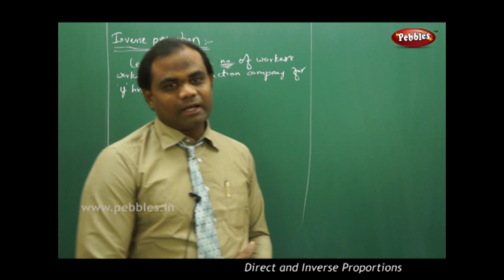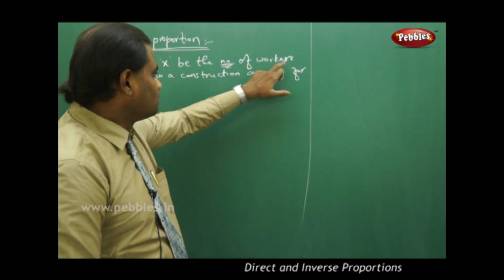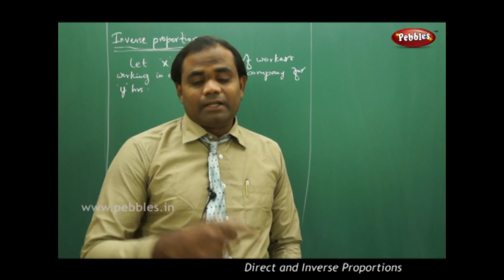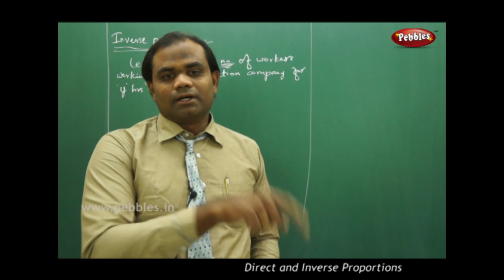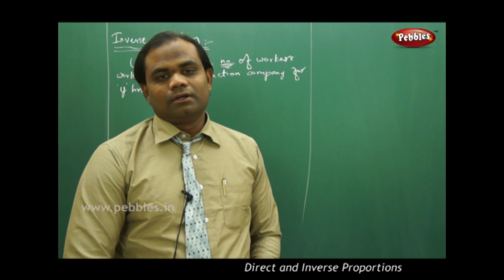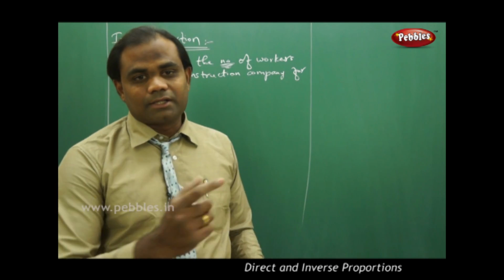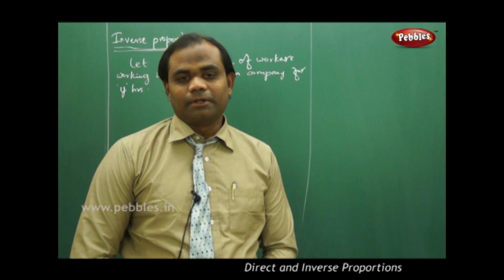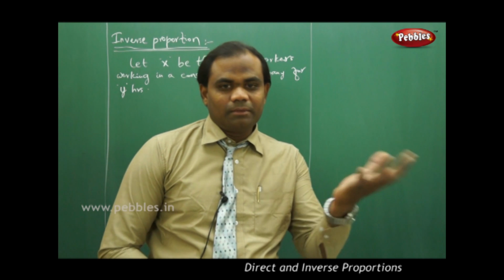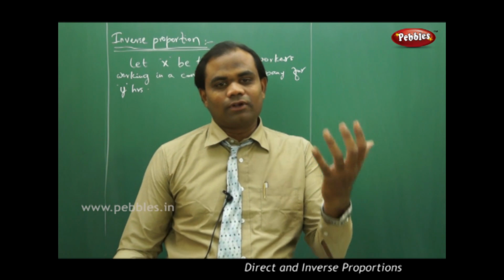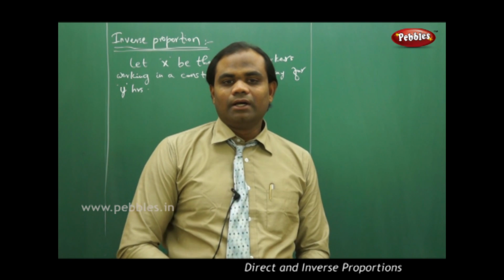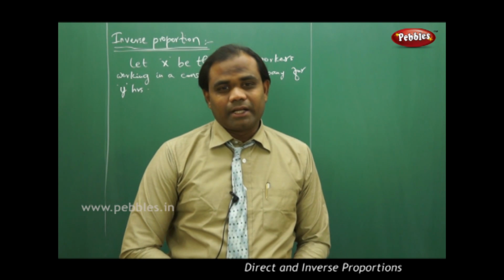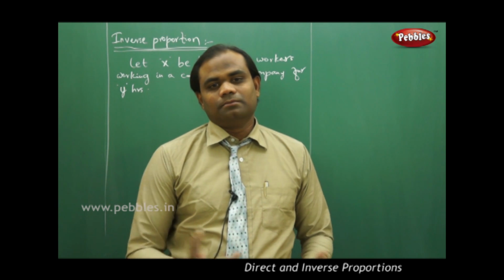Therefore, in case of this real life problem, I understand that more the number of workers working in a construction company, less is the time taken by the workers in completing the work. So less is the number of workers, more is the time taken by the workers to work in the construction company. Because one of them increased reduces the other quantity and one of them reduced increases the other quantity, I clearly understand this real life example as an example of inverse proportion.